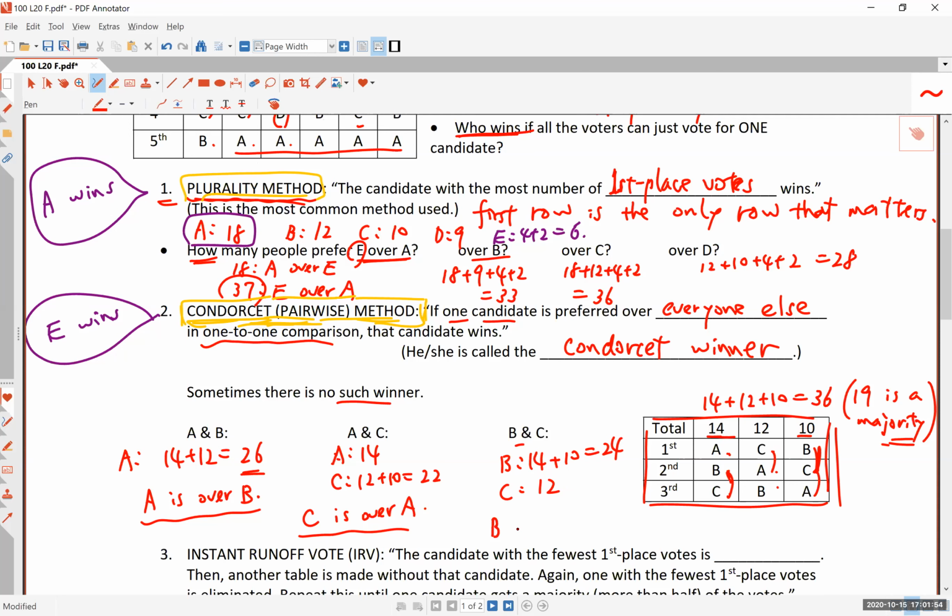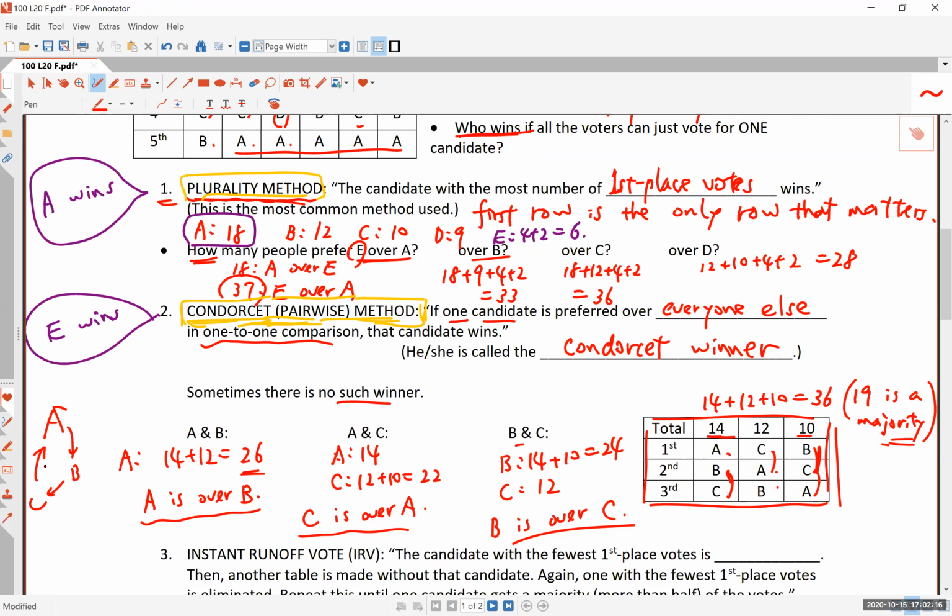So B beats C. All right, you see what's happening here? This is a classic situation where there is no Condorcet winner. A beats B, B beats C, but C beats A.